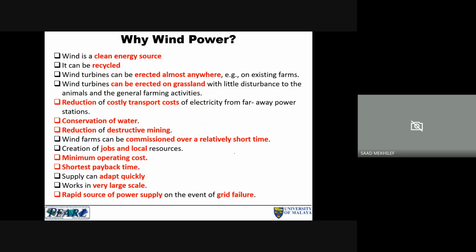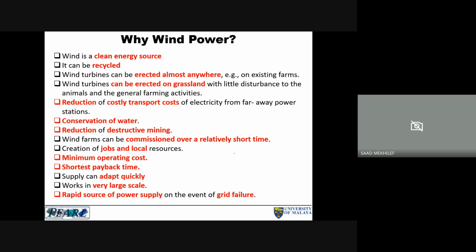Many people don't know what renewable means. Does anyone know how we classify whether a source is renewable or not? Anyone want to try? Because some resources are a bit questionable. For example, hydro, is it renewable or not?